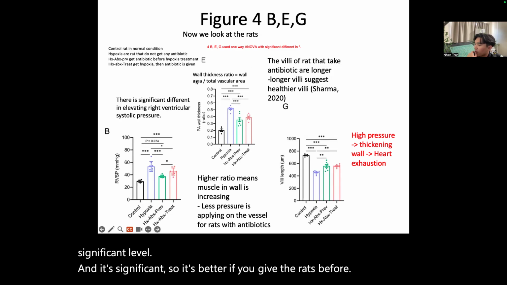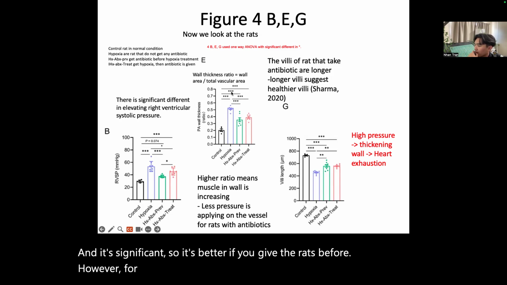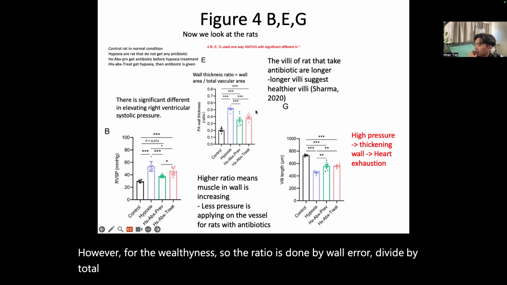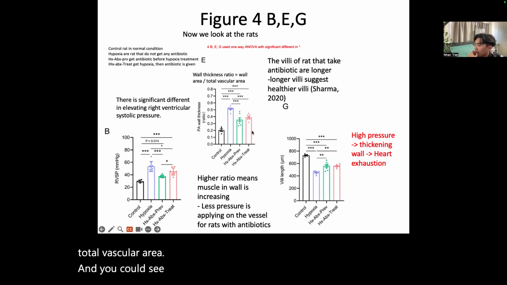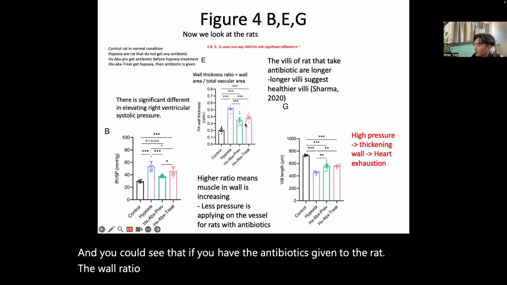However, for the wall thickness, the ratio is done by wall area divided by total vascular area. And you could see that if you have the antibiotics given to the rat, the wall ratio drops lower. So the lower the ratio, the less muscle is present.